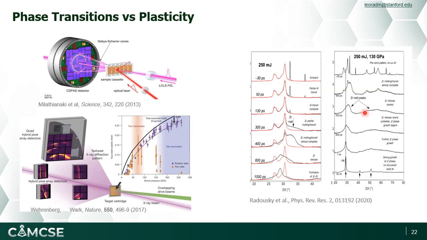In other cases, we find that we can form very unique phases of matter that weren't actually accessible to us before, or that we maybe wouldn't have expected along a phase diagram. In those types of cases, we can watch now the diffraction peaks move and change to new locations, giving us a very clear view of the phase transition pathways responsible for that shock deformation.